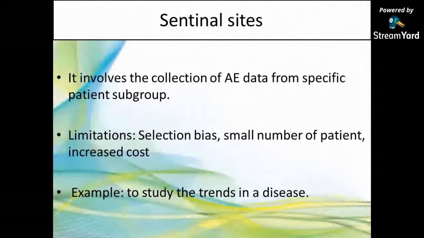Now, in the sentinel sites, you are also studying the trend of the diseases, just like corona. You are studying what all changes occur, what all mutations occur, which new symptoms you can see. It is called the trend of the disease. So the trend of the disease can also be studied through the sentinel site.